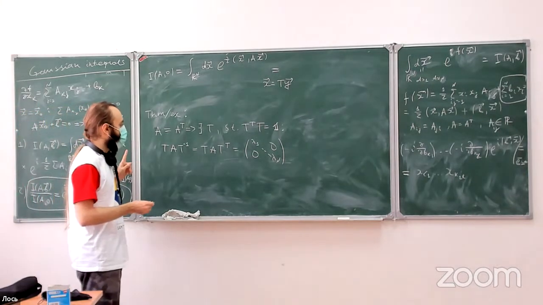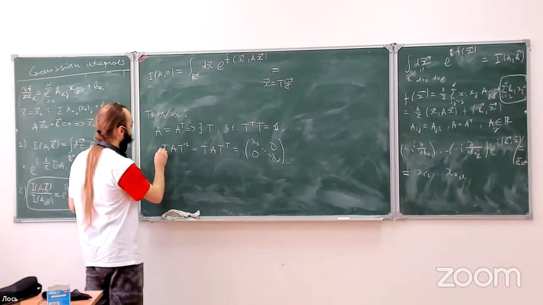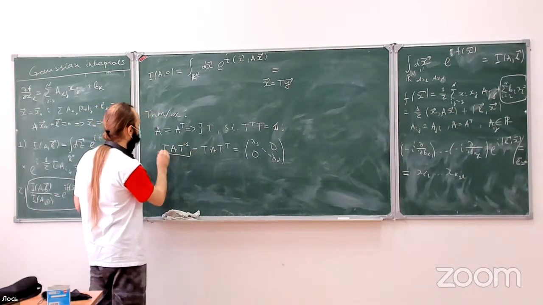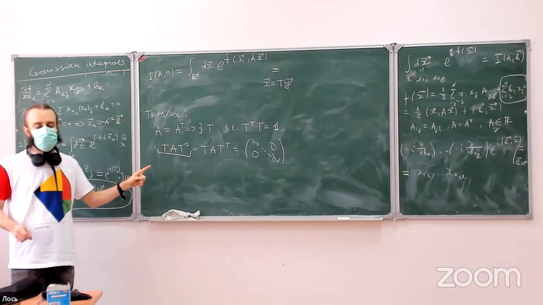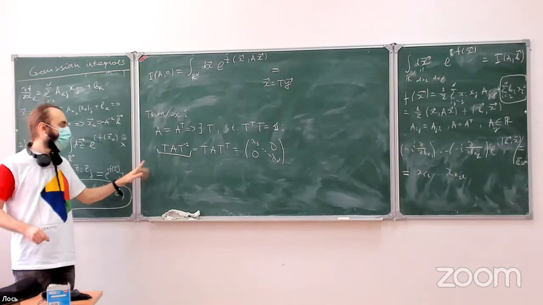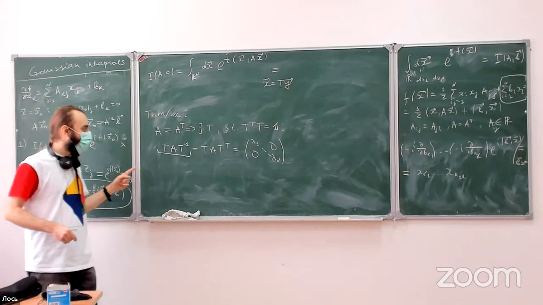No, this is true, but I'm asking now not about quadratic forms. I'm asking about linear operators. Yes, let us say the Jordan form because it's closer to the diagonal form.